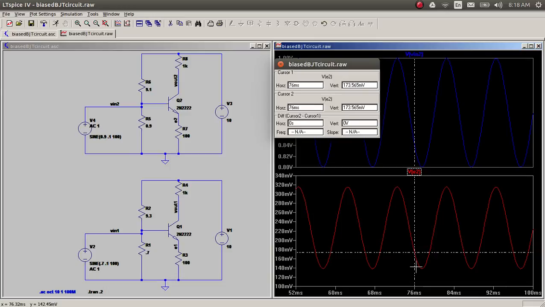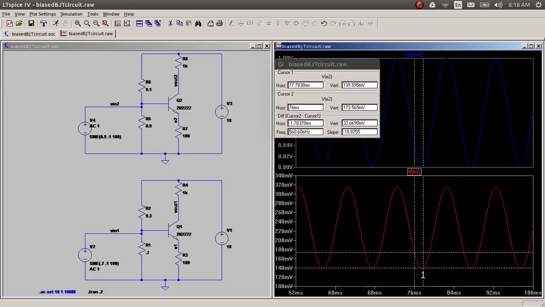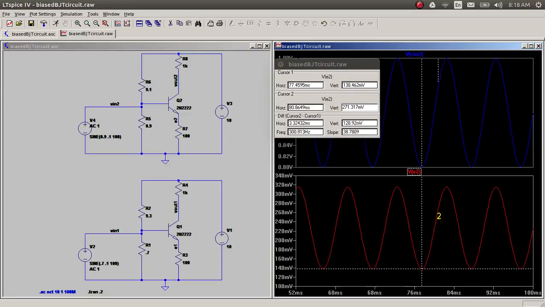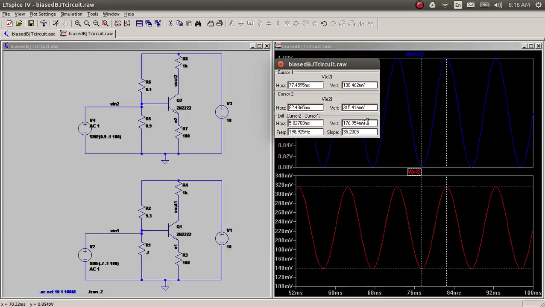So if I take two cursors, one at the bottom and one at the top, then I see that this vertical, this is what I'm interested in, is 176 millivolts. So that's almost 88 millivolts, half. The amplitude is almost 88 millivolts. So almost 88-90%. That's pretty good.